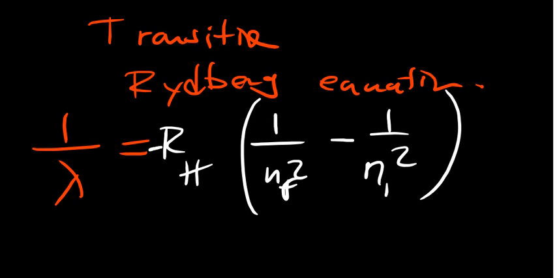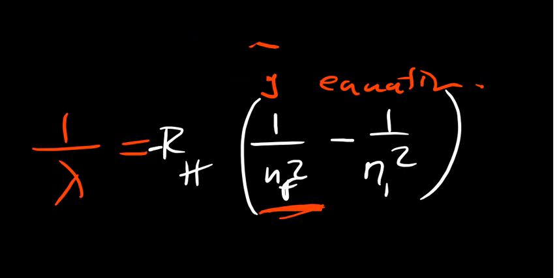Put a negative if you're starting with the final, and that would be my advice. Start with the final so that you don't confuse this equation, because there's another equation you have to work with. Remember, I said there's another equation that can help you find the change in energy while electrons are transitioning.